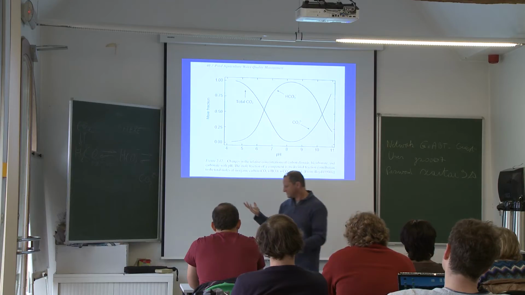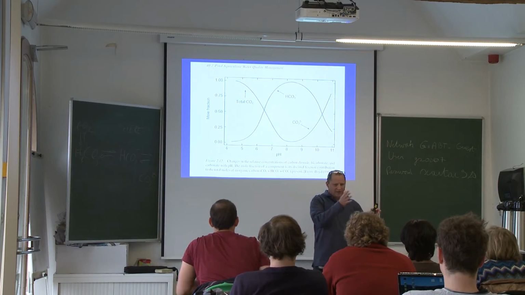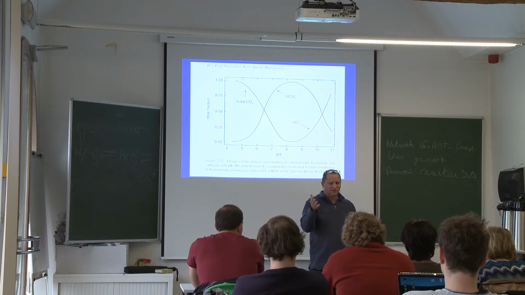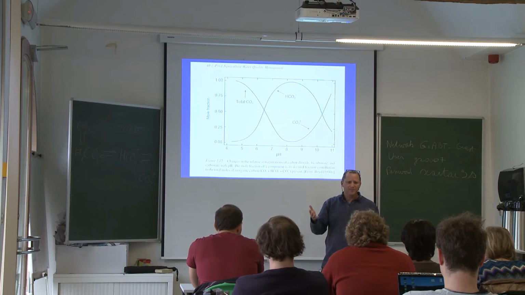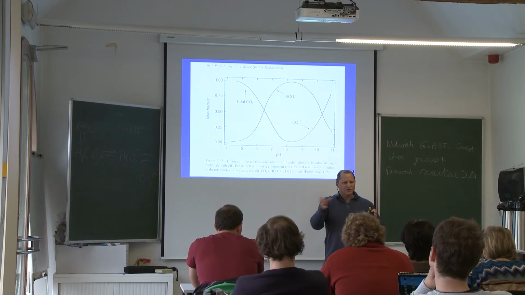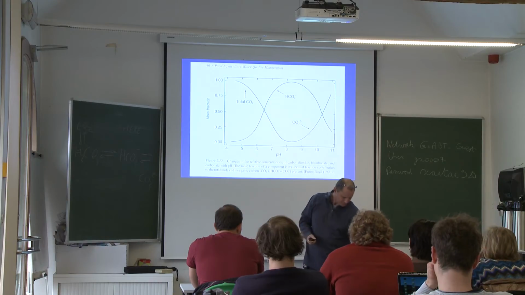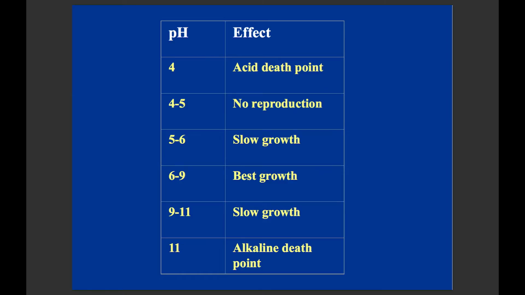Ammonia, when it's converted to NH4, produces hydroxyl ions, so it's producing alkalinity. And denitrification is producing alkalinity. So there are all these important processes that produce or consume alkalinity, and it has to be maintained.